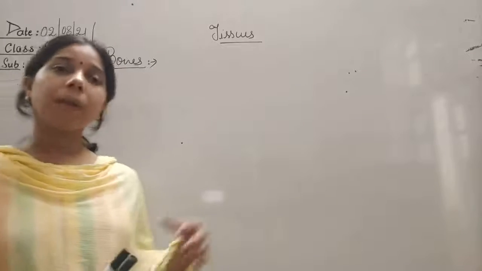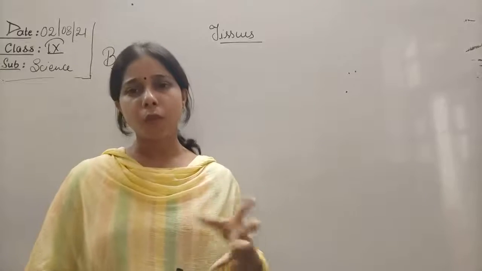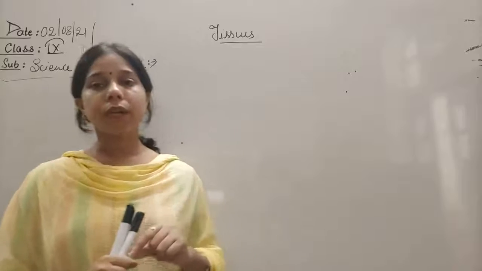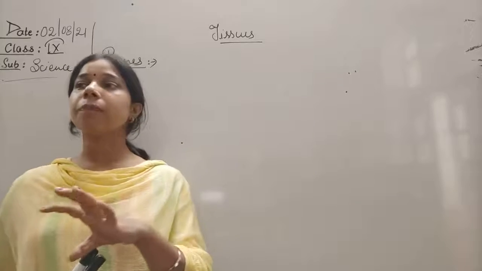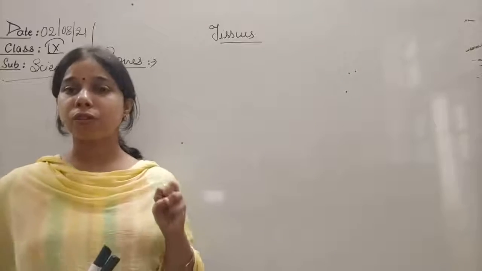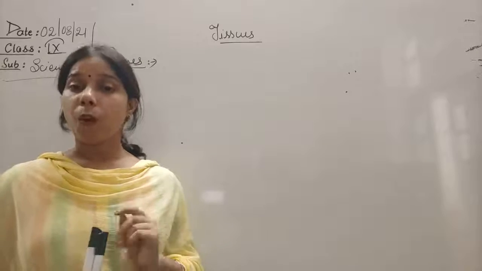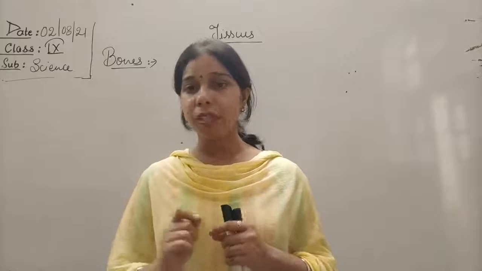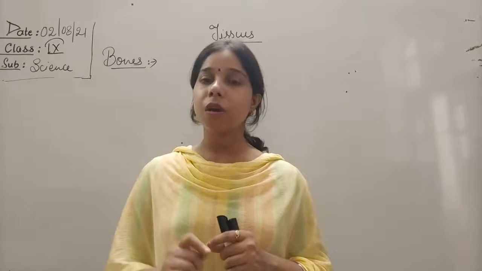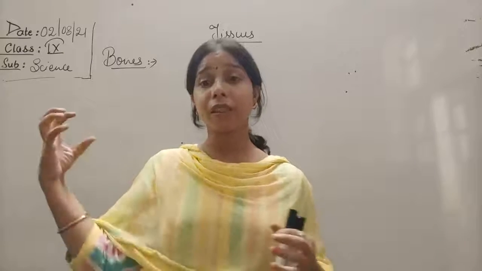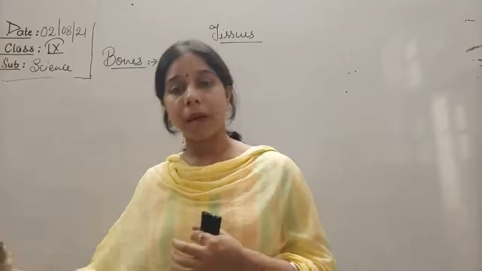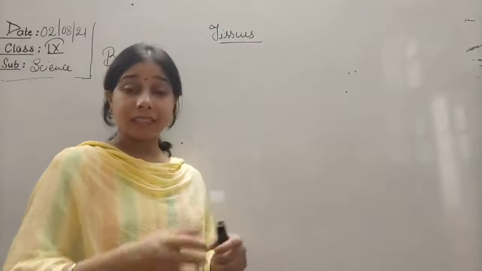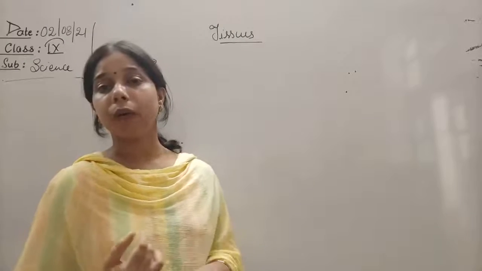Now, talking about the bones also, students, there are small bones and long bones. The small bones are filled with a matrix, so they are solid. In long bones, there is a hollow cavity present, which is filled with bone marrow, and this cavity is called the marrow cavity.